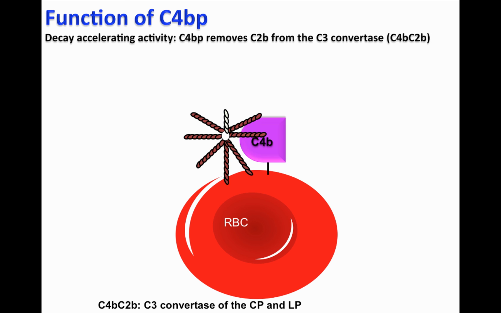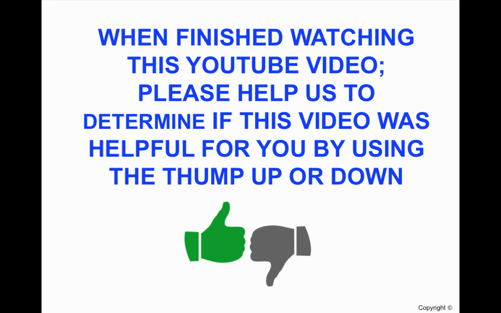This is what is called decay accelerating activity. Displacing C2b from C4b will not allow the formation of the C3 convertase of the classical and lectin pathway. As you can see, C4 binding protein plays a fundamental role in protecting host cells from complement-mediated attack.